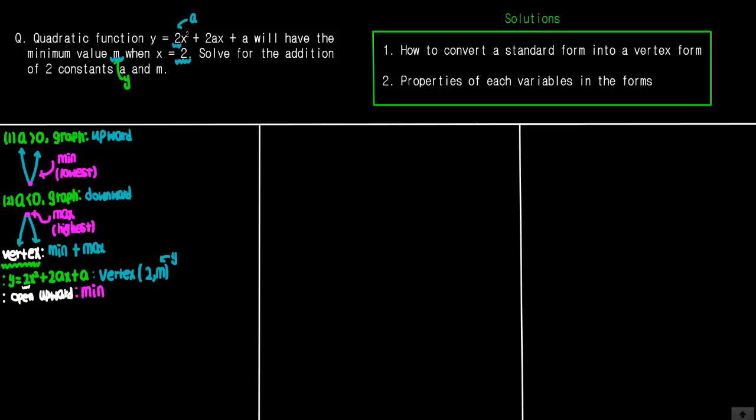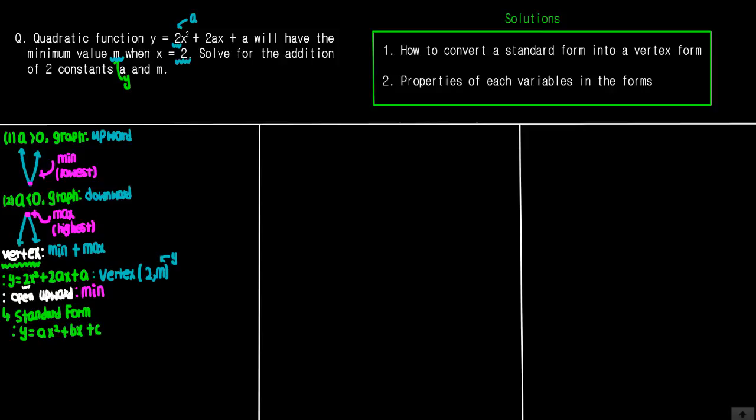From our function, we can know one thing, that our function is formed by the standard form. The standard form's basic format is y is equal to ax squared plus bx plus c.